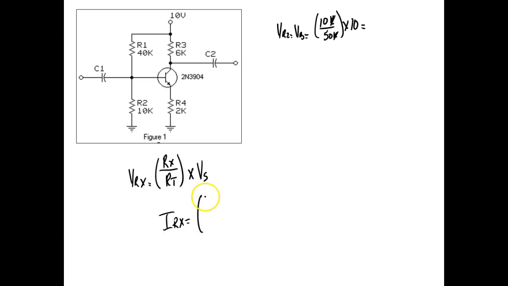It's going to be RT over RX times IT. And this is the current divider formula for parallel. Notice everything switches around, because current and opposition are inversely proportional, and inversely means you just swap it around. So these are two formulas that you should have played around with a little bit in DC.